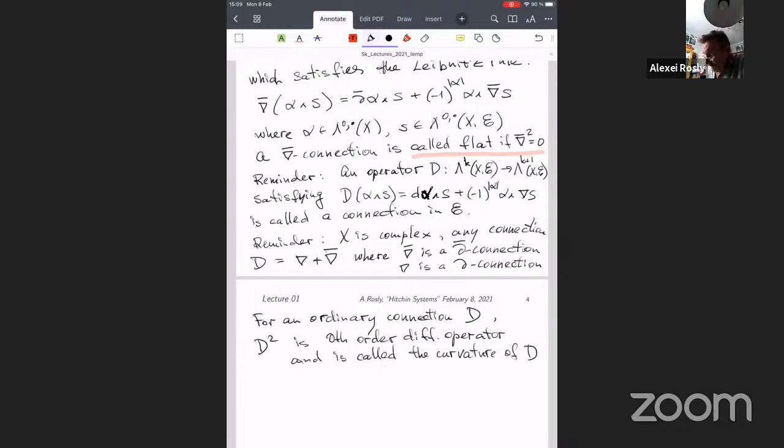We don't need it, but we could have done this. But the requirement of flatness means vanishing of the curvature in the case of ordinary connections. All right.